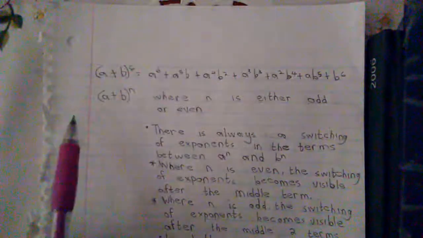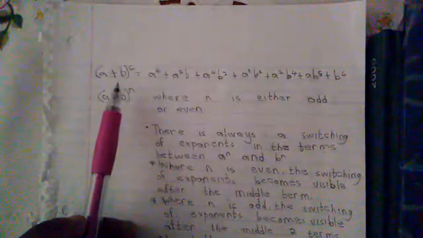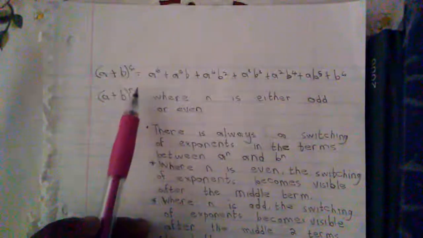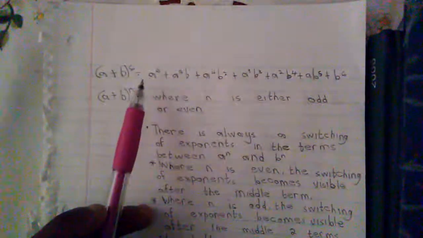And so, as I stated in the last video on this whole idea of dropping a and then raising b, when n is even, in the middle term we'll find that a and b are both powered by identical halves of n. Let us look at another expression, pretty much the same expression, a plus b, but this time it's all powered by 6.